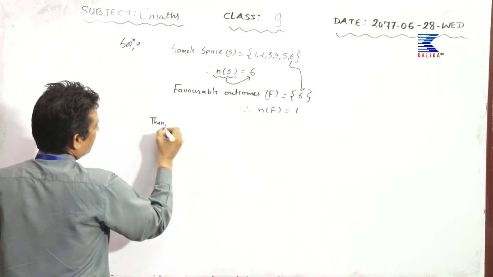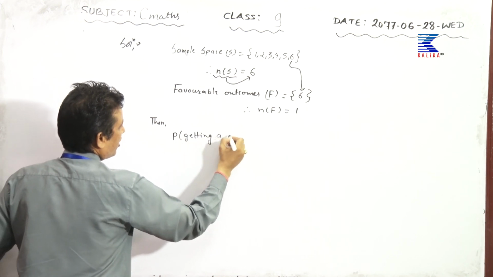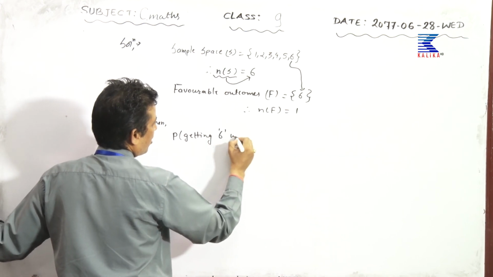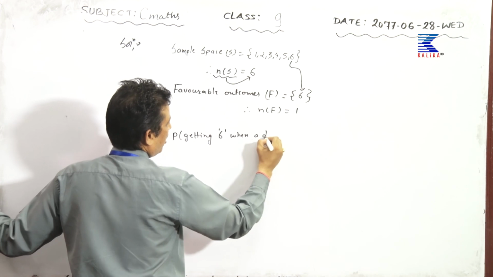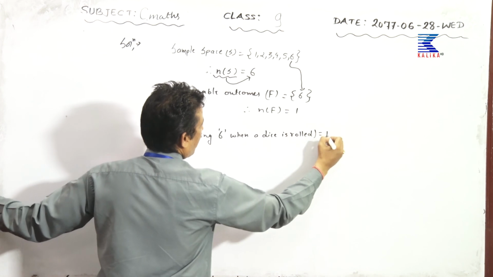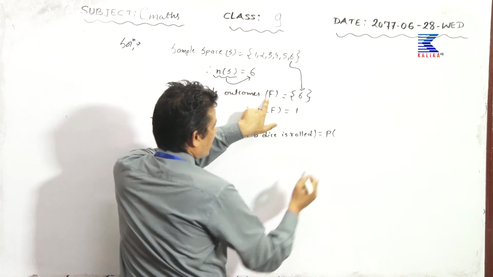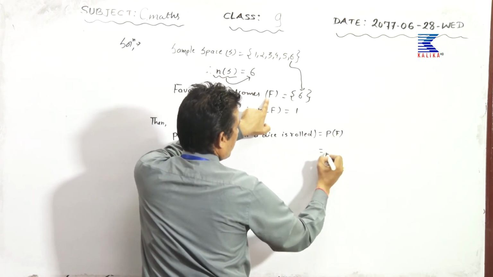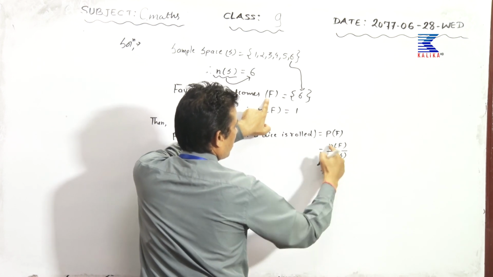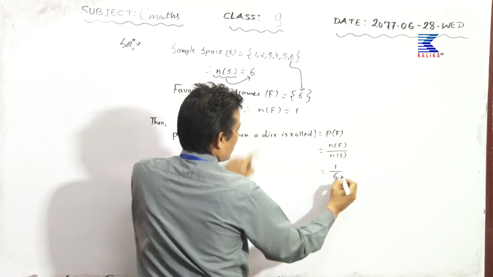Then the probability of getting 6 when a dice is rolled, for 6 we have supposed as F, is equal to the number of favorable outcomes upon the number of total possible outcomes. One 6 is there in the dice, total 6 numbers are there.